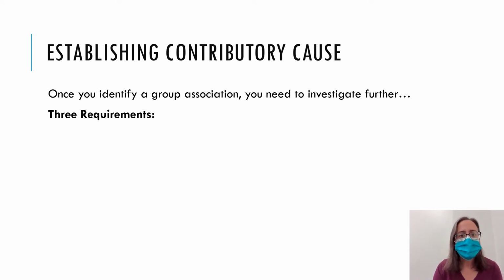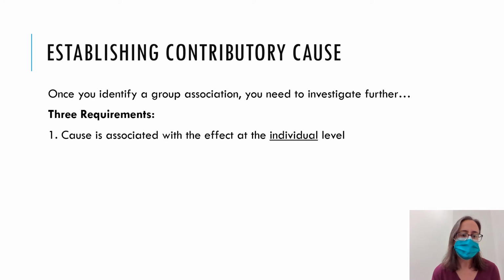So when we want to know for sure if something is a true risk factor, we call that establishing contributory cause, right? Once we notice a group association, we know it's a hint, we know it's a clue, but we need to see if it's going to pan out. So we're going to look to see if it satisfies 3 specific requirements. One is, do we see the cause associated with the effect at the individual level?